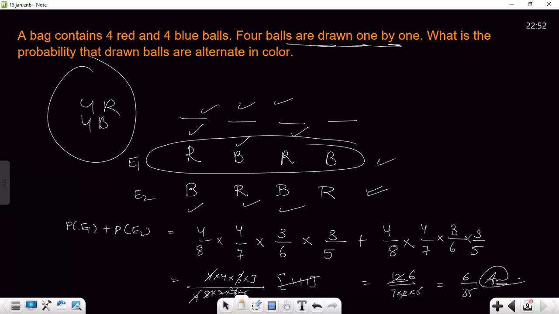Is there any doubt, anyone? No, sir. So this is how we calculate the probability using our common sense and the fundamental principle of counting. Okay, let me repeat. 2 events. We are not referring to the slide.